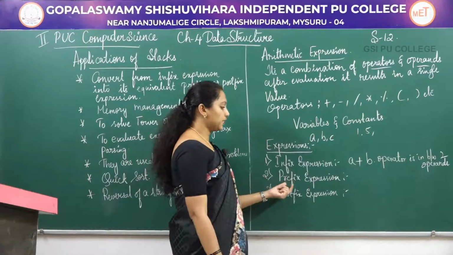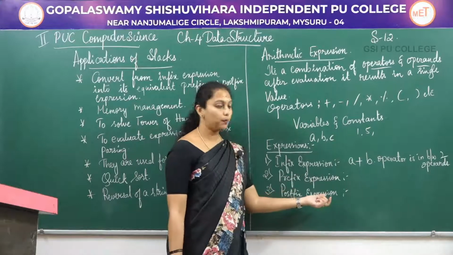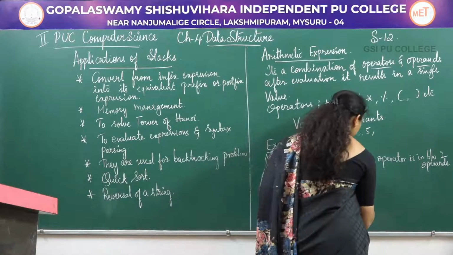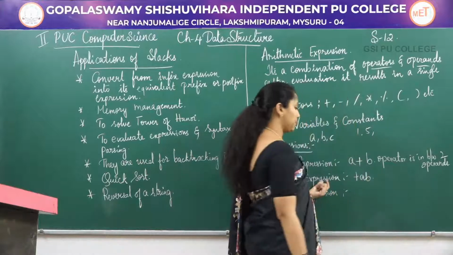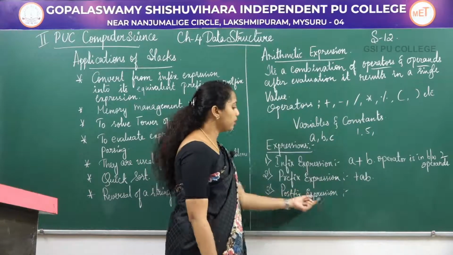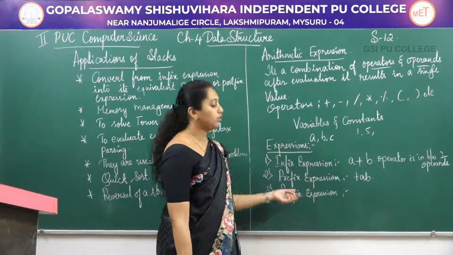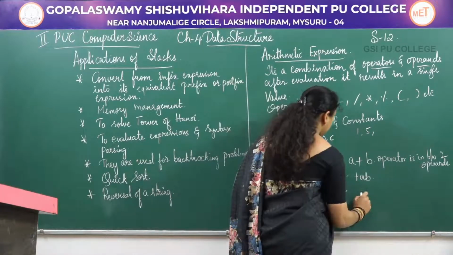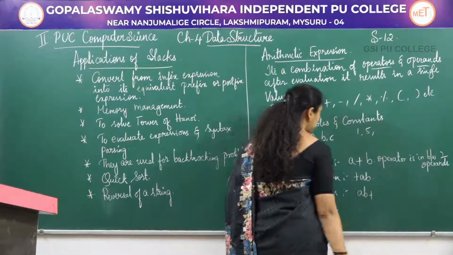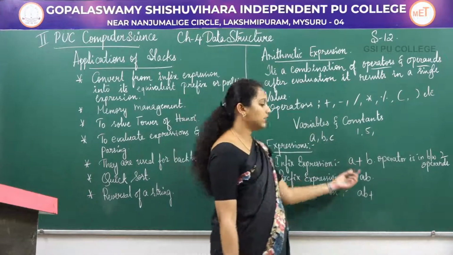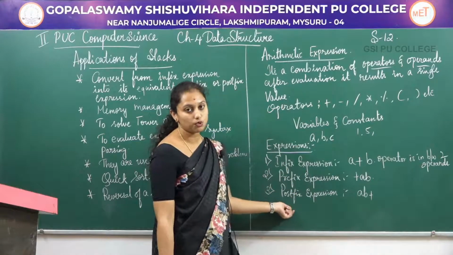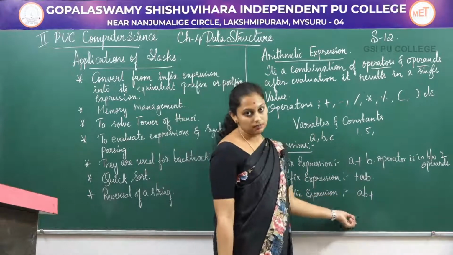When it comes to prefix expression, if an operator precedes two operands, then we call it a prefix expression. When it comes to postfix expression, if an operator is followed by the operands, then we call it a postfix expression. These are the examples for infix, prefix as well as postfix expression respectively.